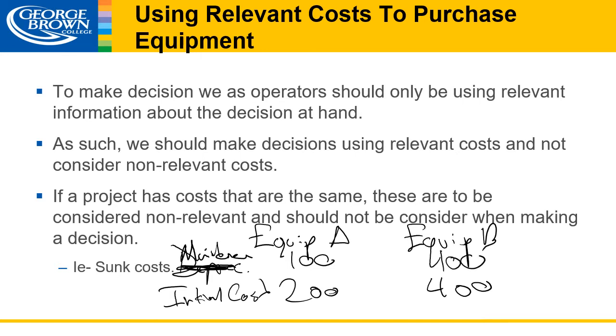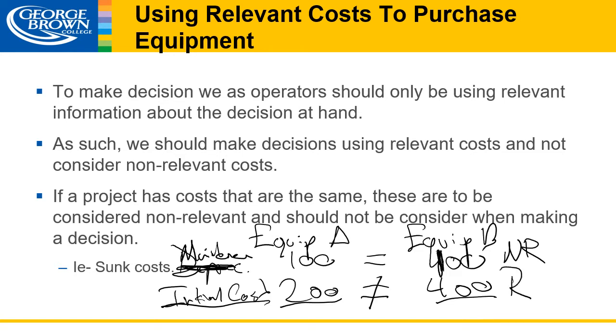Because the maintenance cost for both pieces of equipment is the same, they're equal, this is a non-relevant cost, because they're the same. So it's non-relevant to our decision. However, the initial cost of the equipment, equipment A is 200 and equipment B is 400, because those are not equal, they are considered to be relevant costs.